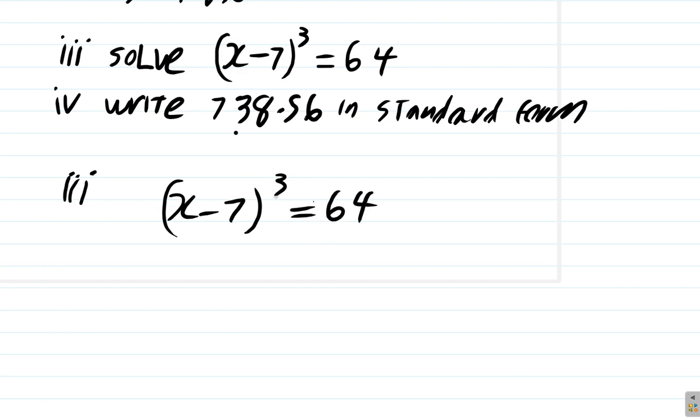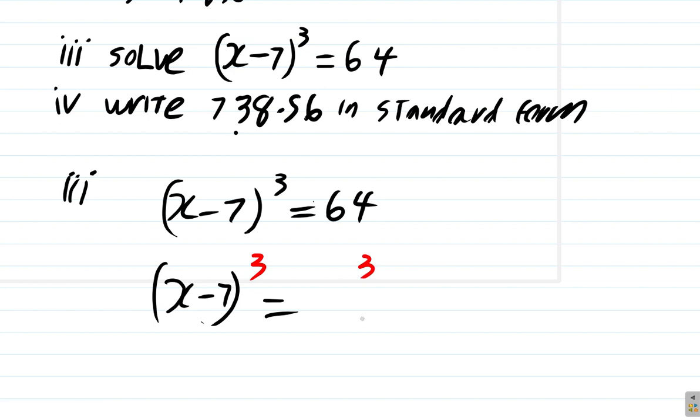You have something raised to the 3 on this side, the left hand side. You want something raised to the third power on this side as well. So, we have x minus 7 raised to the power of 3 over here equals, there must be something raised to the power of 3 over the right hand side as well, just like the left hand side.